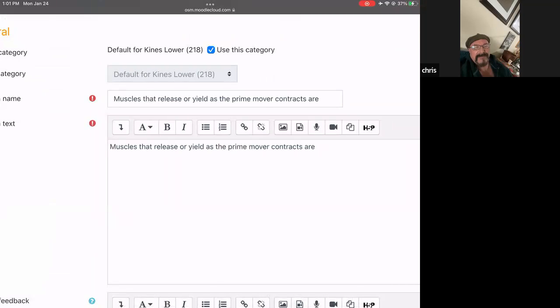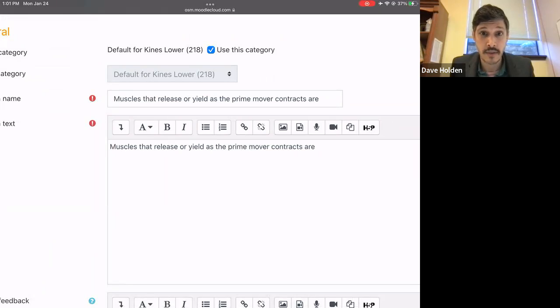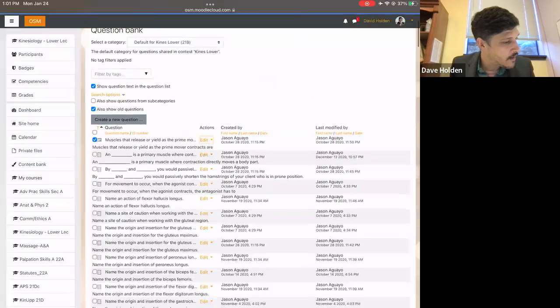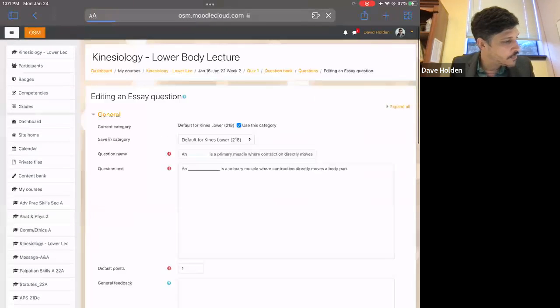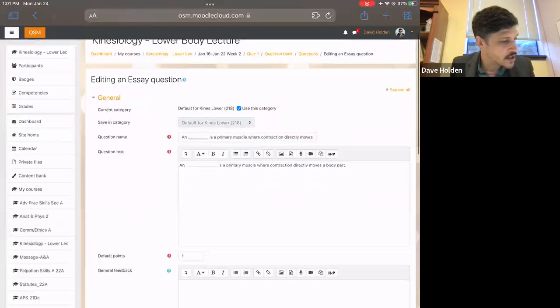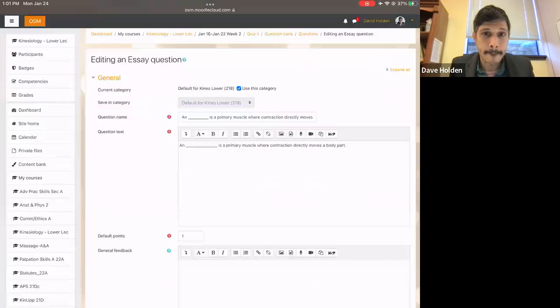I guess prime mover contracts and the other muscle relaxes. That muscle is an antagonist. By definition, that's what they do. So let's look at: a blank is a primary muscle whose contraction directly moves a body part. If its contraction directly moves a body part, that's a prime mover or an agonist.